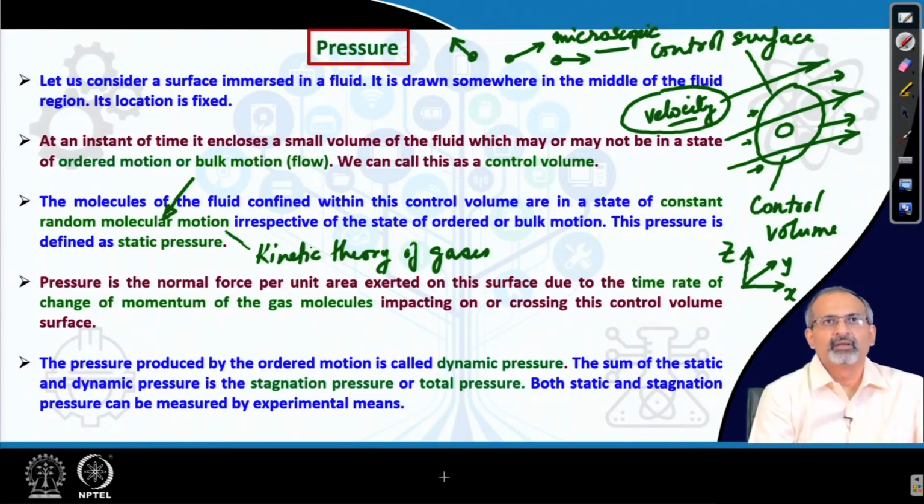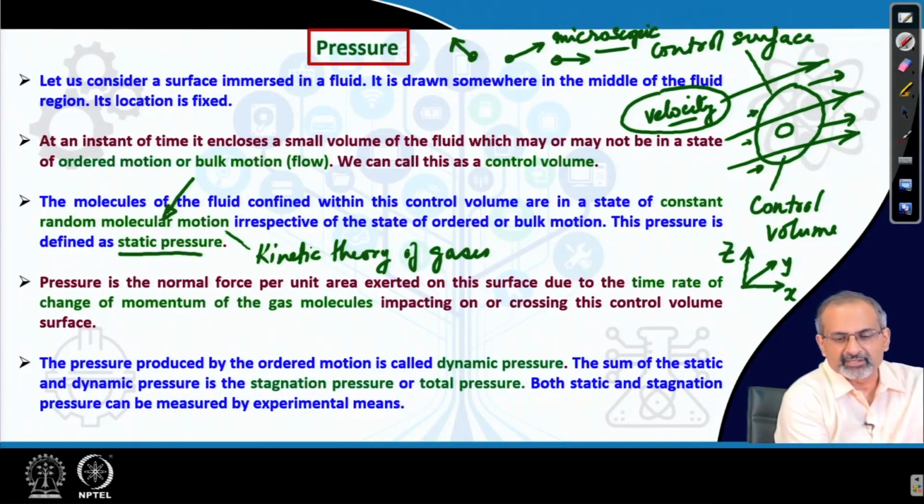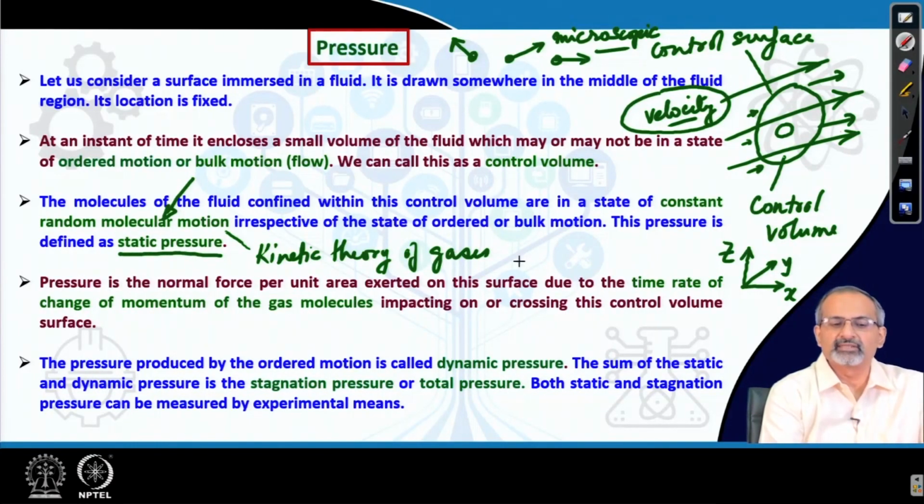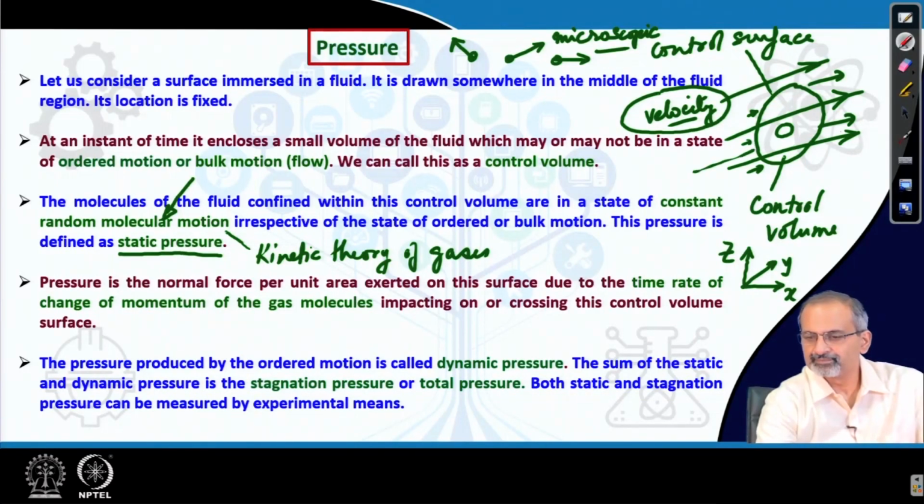Now, pressure, when we interpret it, one aspect of pressure which we call static pressure is dependent on these random molecular motions. The random molecular motions create impact on this surface, which defines the edge of the control volume, and creates a pressure.